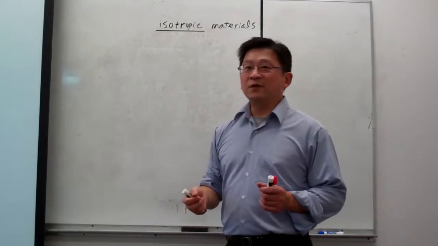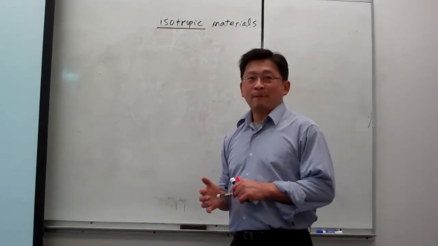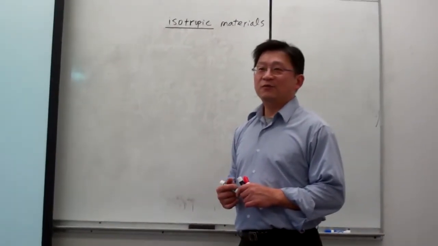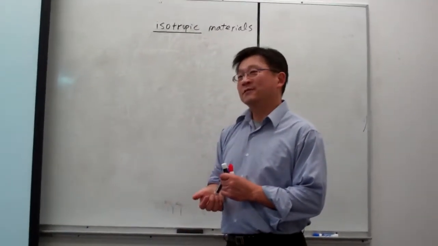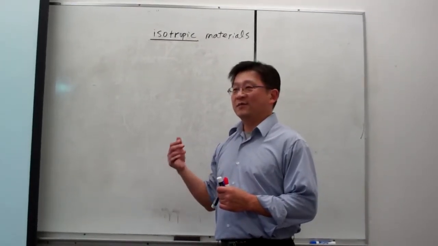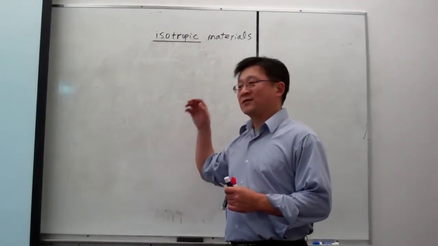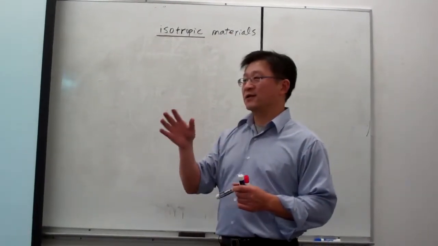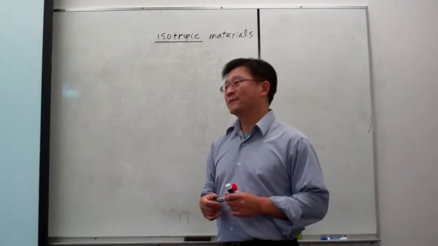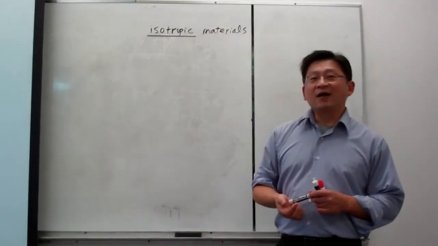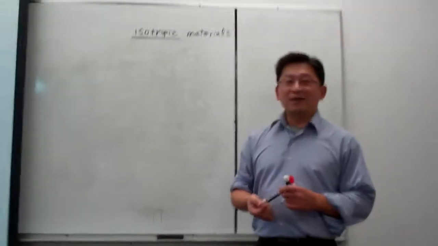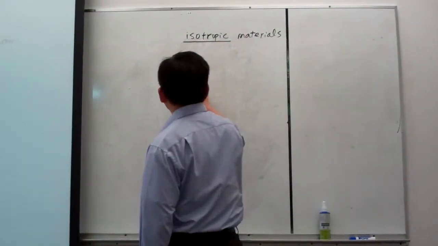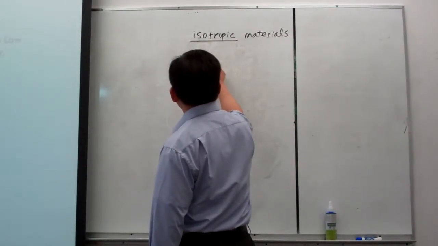Which means, for example, if you throw a pie, a cake, at the face of your friend, if that cake is made of isotropic material, then it really doesn't matter which side you throw in, the cake will deform in the same way. If that cake is not isotropic, then the deformation from each side will be different. And specific to that one, we call it anisotropic.